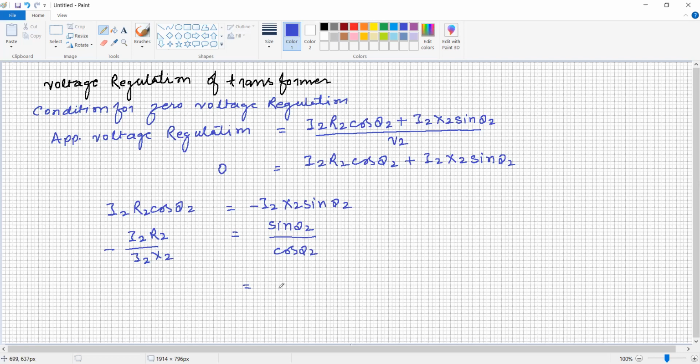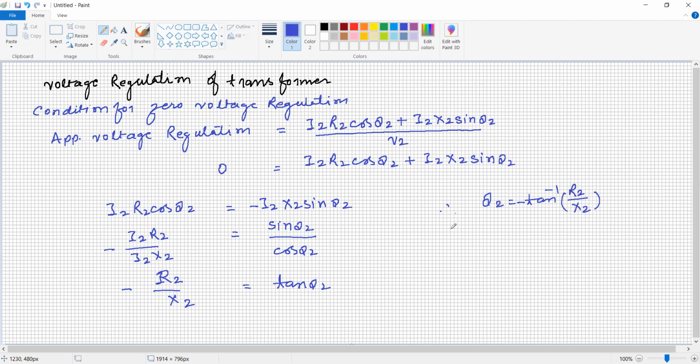This value is nothing but tan theta 2, which is equal to minus R2 upon X2, as I2 cancels out. Therefore, theta 2 is equal to tan inverse of minus R2 upon X2.